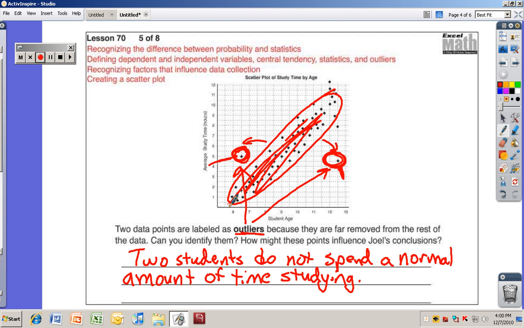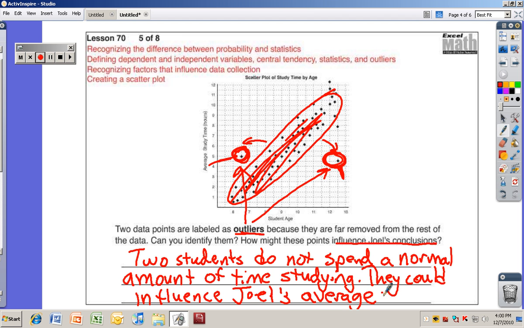So the other thing that it might influence his conclusions, a conclusion is what he's learning from this set of data, his statistics, is that they could influence or change Joel's averages, or his average.